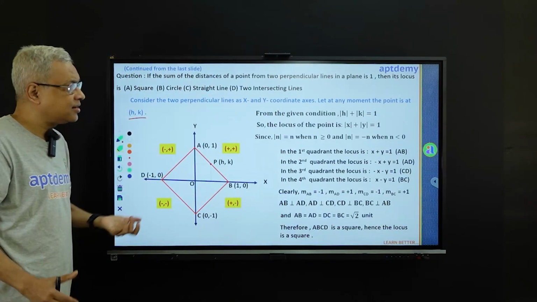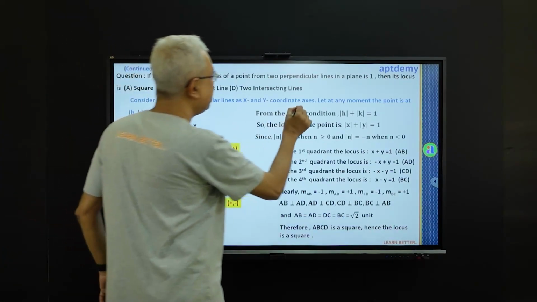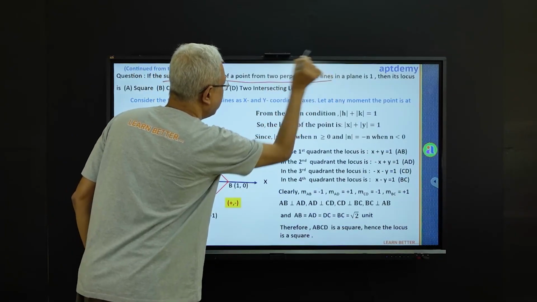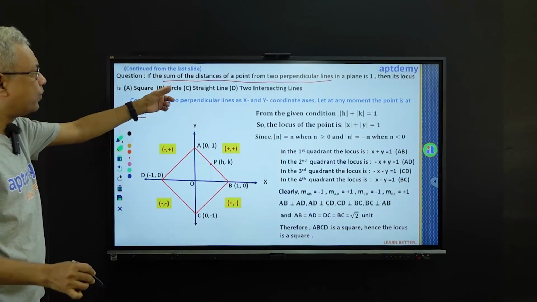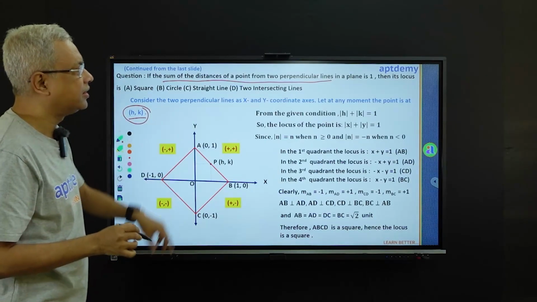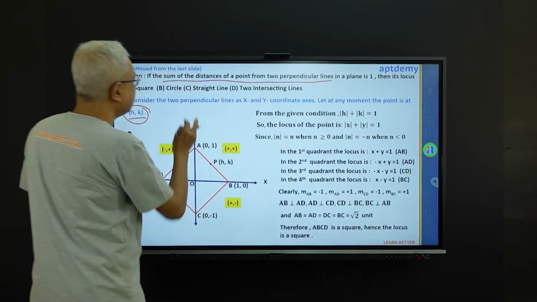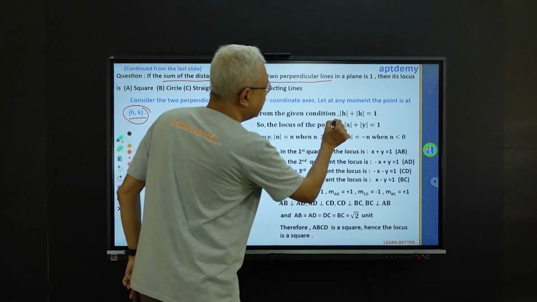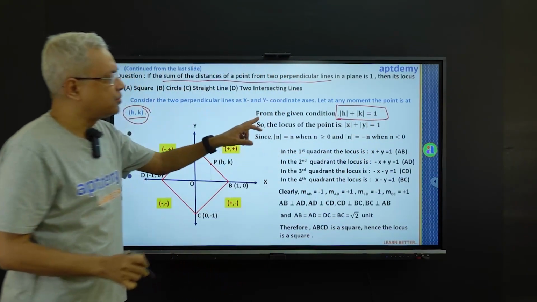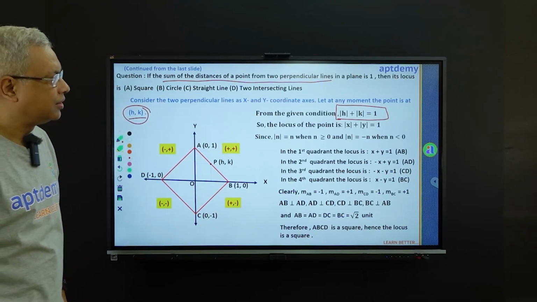And how do I write this phrase mathematically? Sum of the distances of the point from two perpendicular lines. If at any moment the position of the point is (h, k), then definitely this condition is written like this: mod h plus mod k equal to 1.